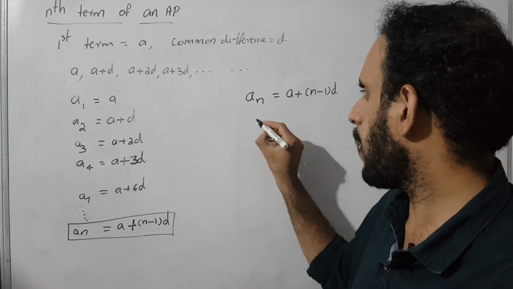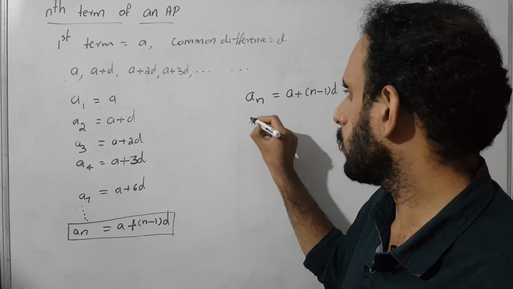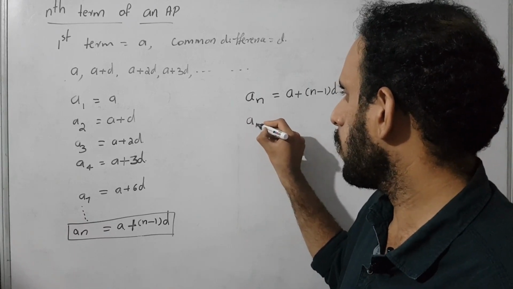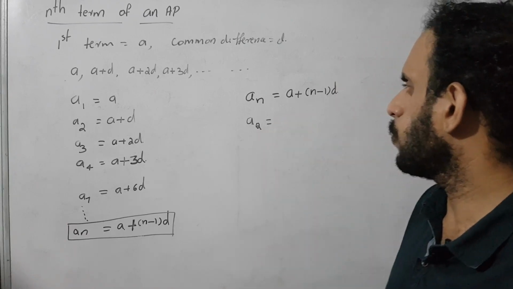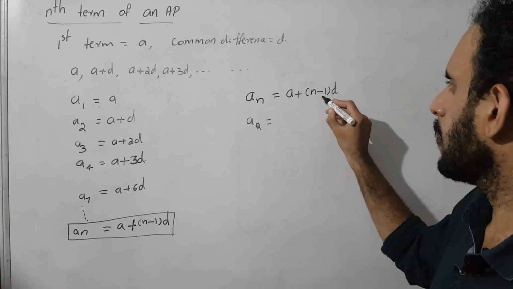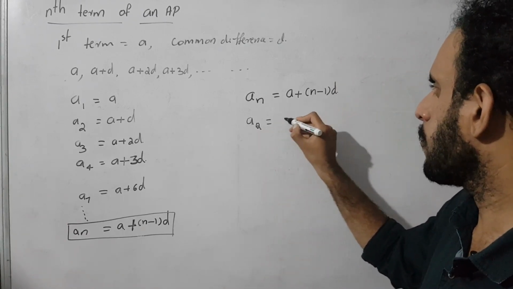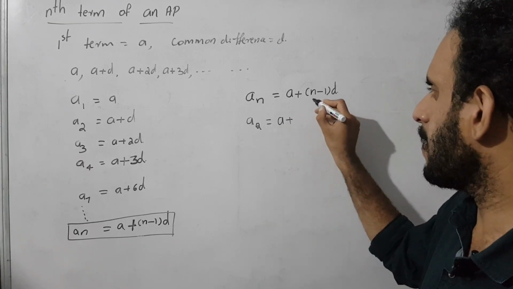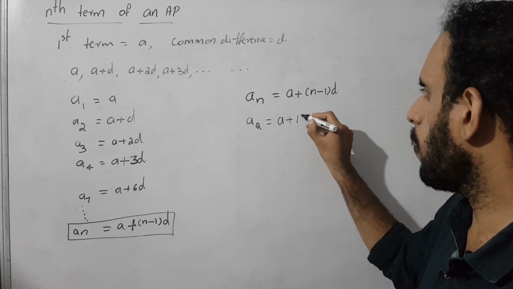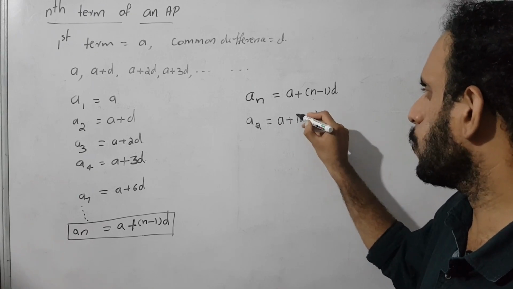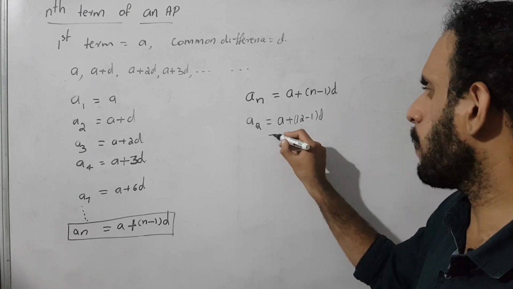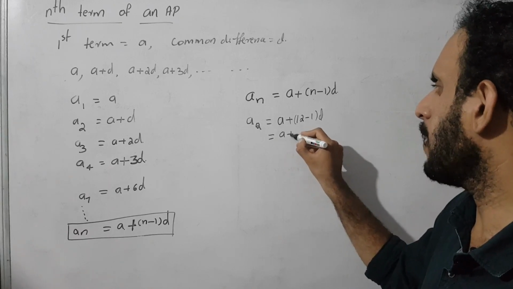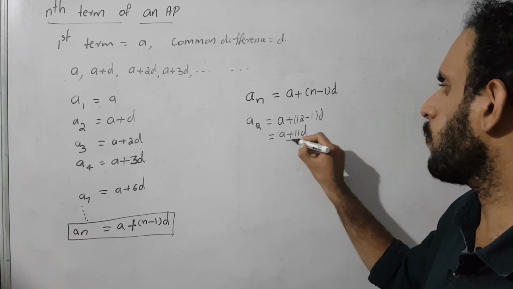That means we are finding a12. Then a12 is equal to a plus, what is n? N is 12, so 12 minus 1 into d. That means we add 11 times d to the first term.